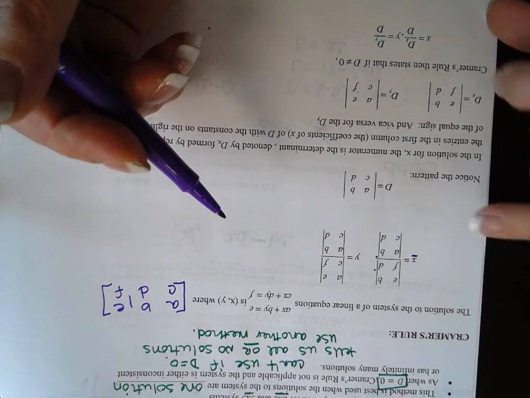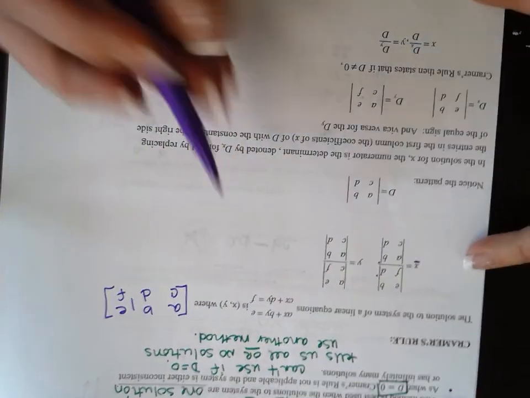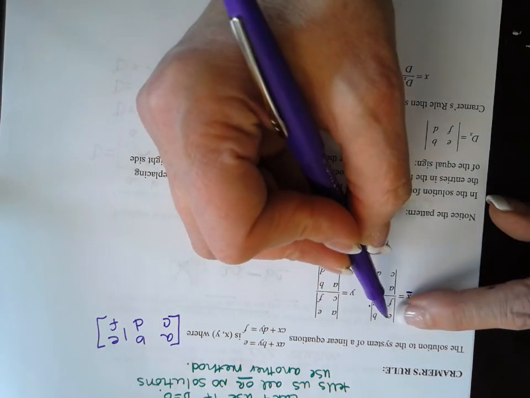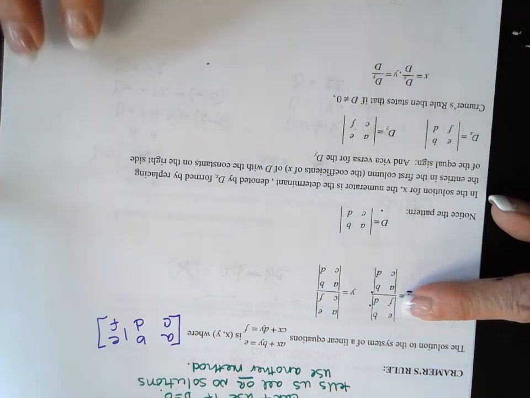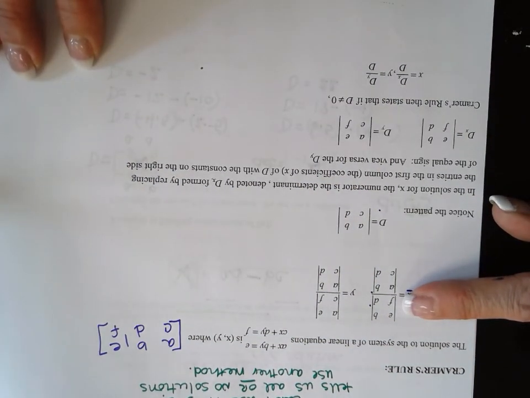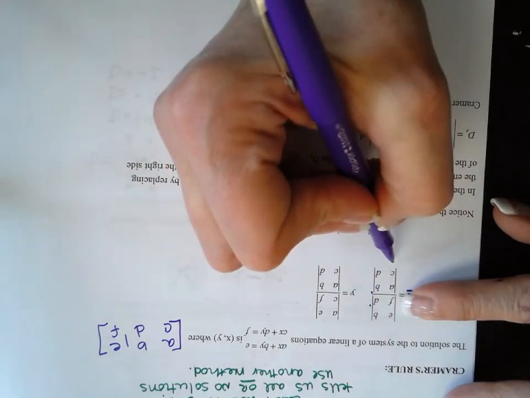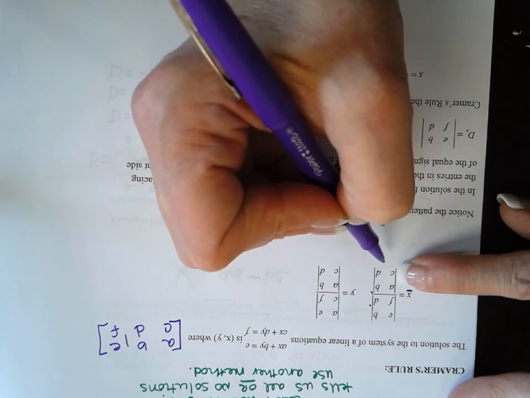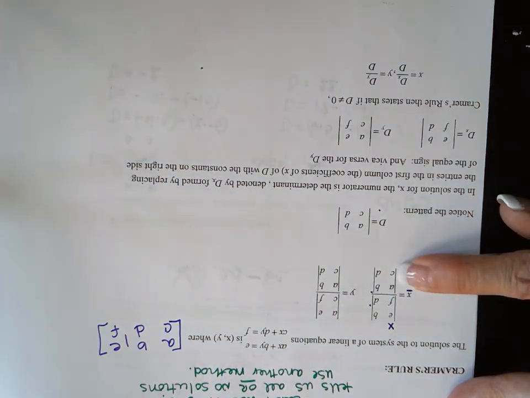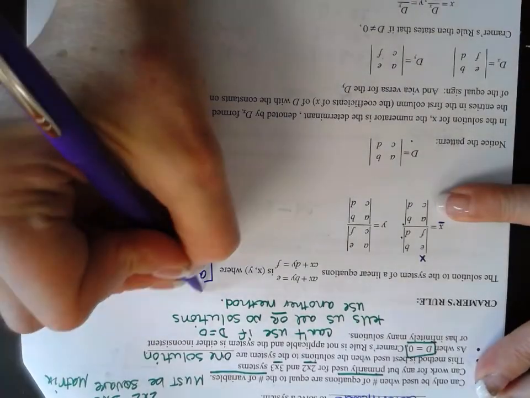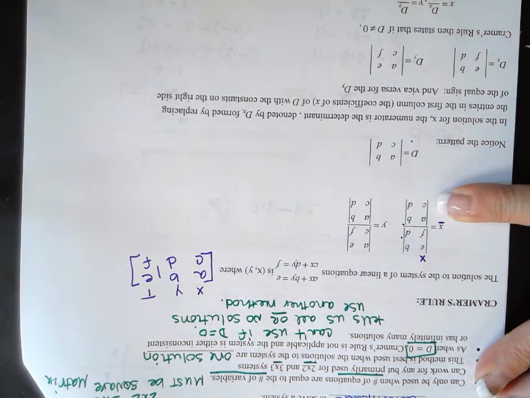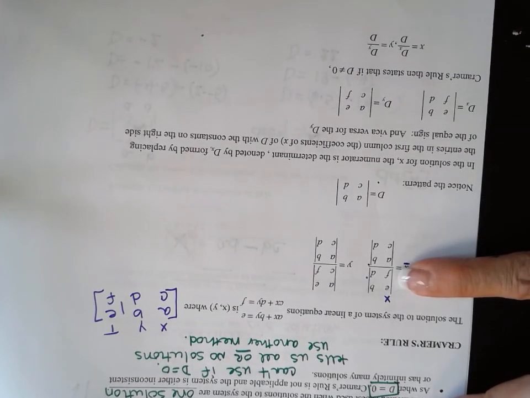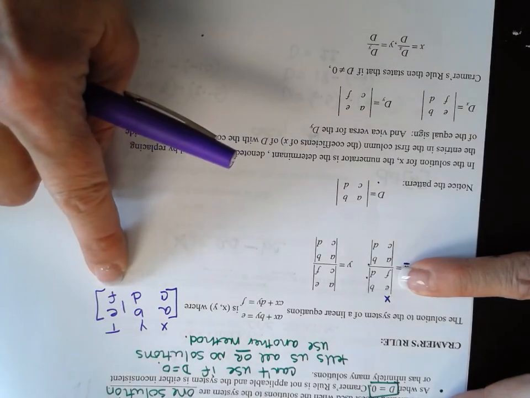So we need three things. We need a regular determinant, and then which column do we replace in this top part, the x or the y? See how it went A, C, B, D, from a regular determinant? So I replaced the x column. If you look at your system, you've got x, you've got y, and we'll call that the total column. What did we replace the x column with? The numbers from the total.